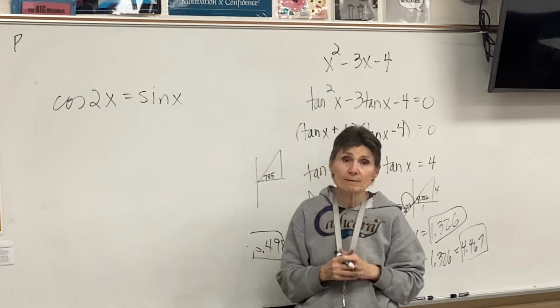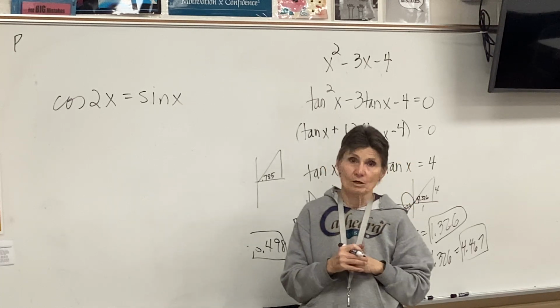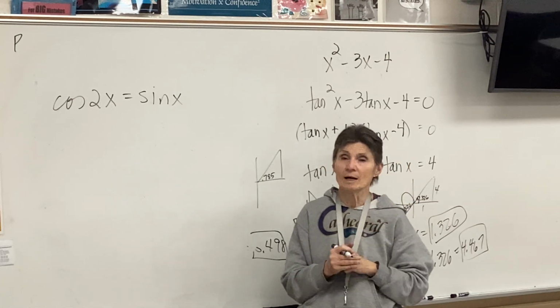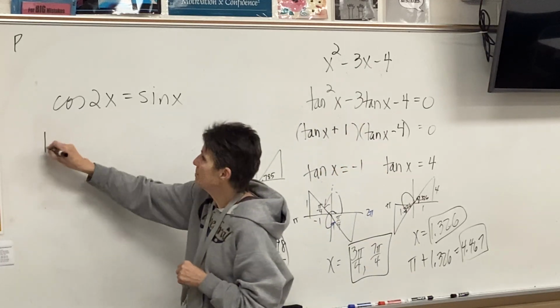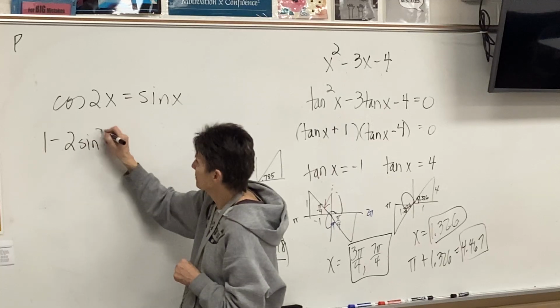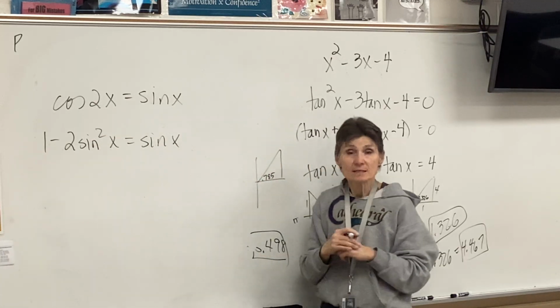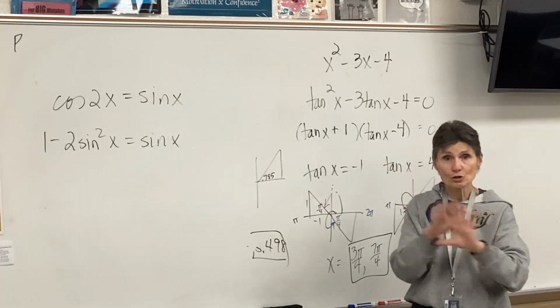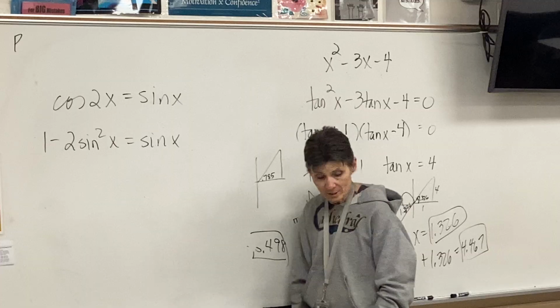So you're looking at your sheet, you have 3 choices. Any of them will work, but the easiest one will be the one that has just sines. So 1 minus 2 sine squared equals sine, because now the problem is totally sines. So what do we do now?